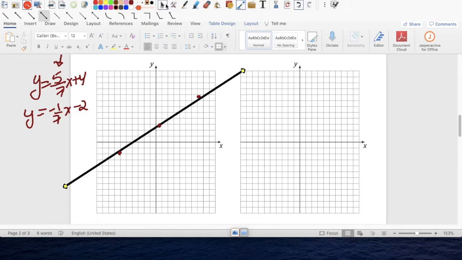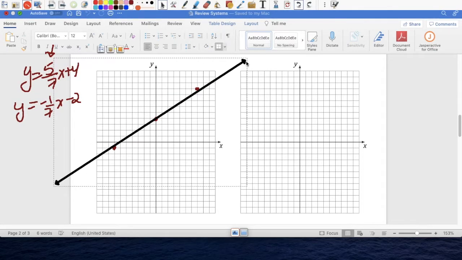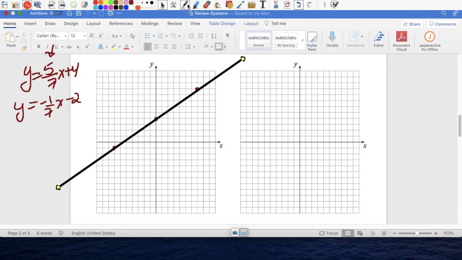Okay, let me make that a little better, and make the points a little bigger. Now, give it a name: y equals 5 over 7 x plus 4. And the other one is a negative slope. I'm going to do it in blue.